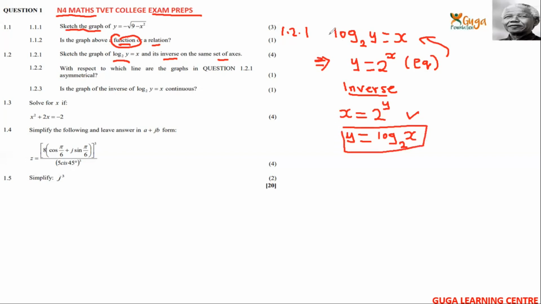And then this is the original function, which is equivalent to this one, right? Okay, so now you can use a table. Okay, let's try to use a table here.